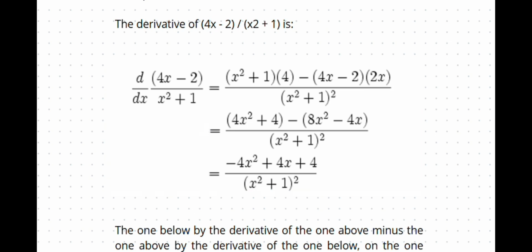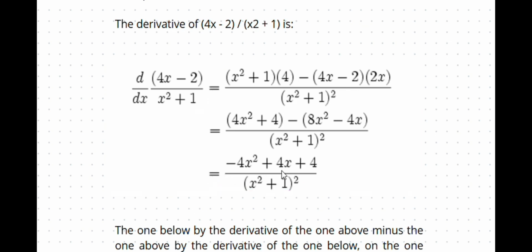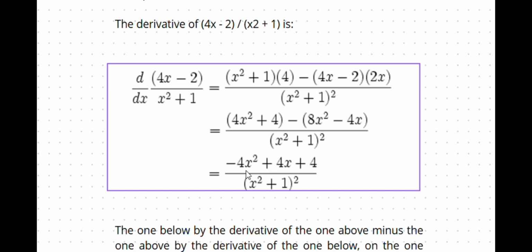It comes down to this and the result is minus 4x squared plus 4x plus 4, divided by (x squared plus 1) squared.